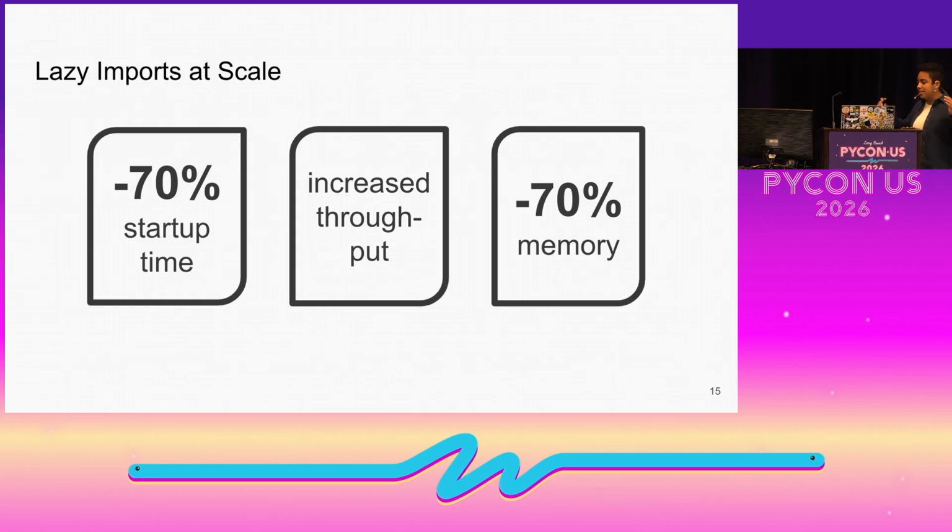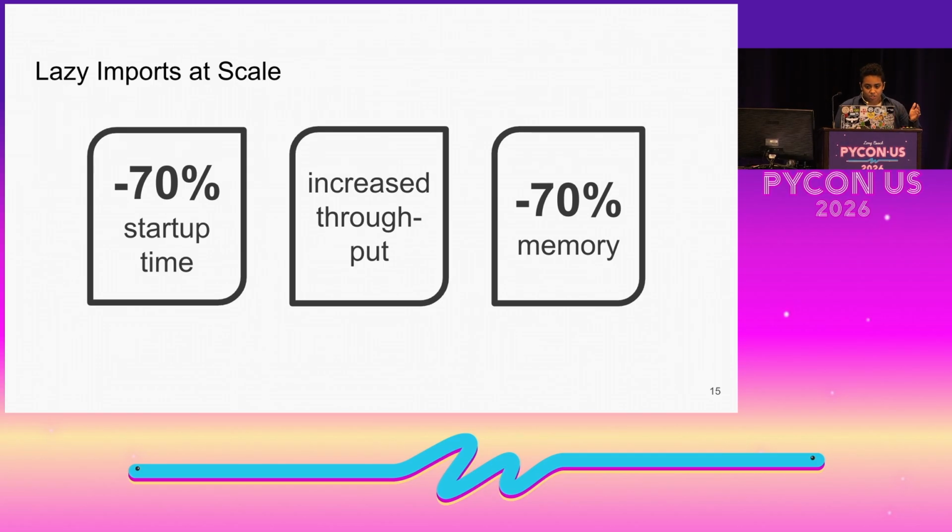So lazy imports at scale, what does it look like? And again, this is talking a little bit more about the very aggressive implementation that we have at Meta. In 2022, we started rolling out an aggressive application of lazy imports within our own fork, Cinder, which has since evolved into a pip installable extension, CinderX. It's open source, you can find it.